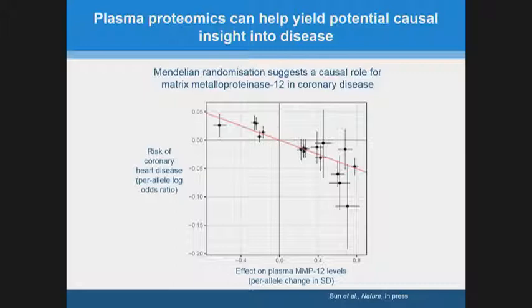And using a technique called two-sample Mendelian randomization, we can show this association of these variants with this protein with the risk of coronary disease, showing that there's this inverse association, suggesting that higher levels of MMP12, this protein that's involved in elastase, proteolysis, is perhaps causally associated with coronary disease.